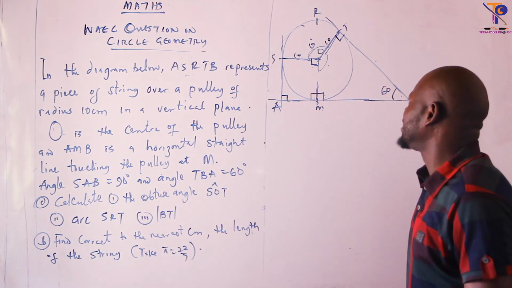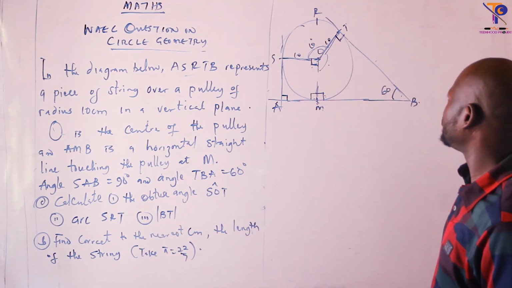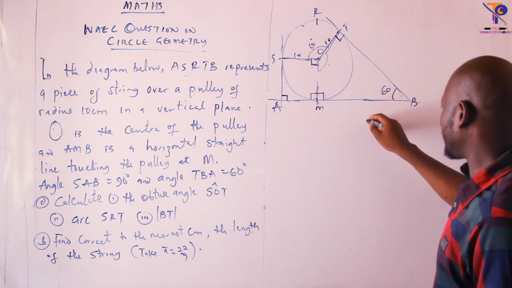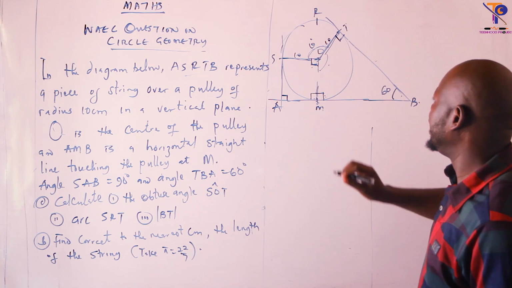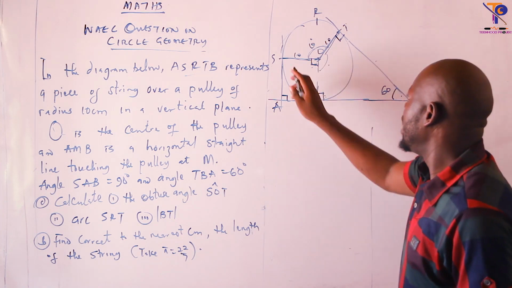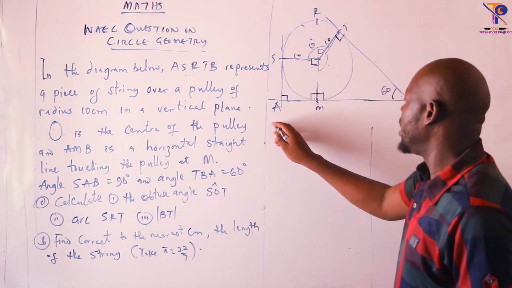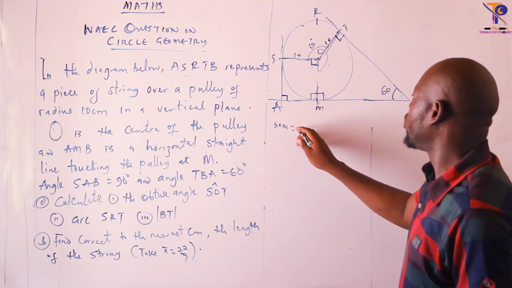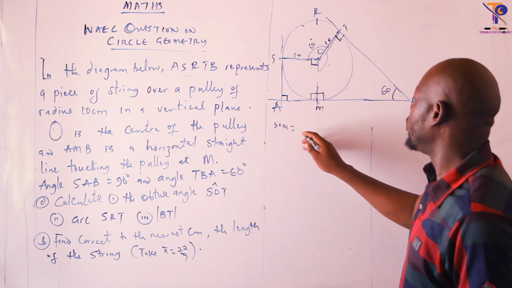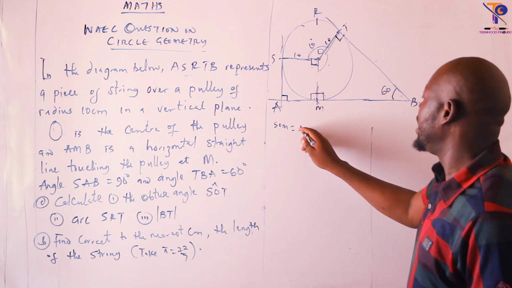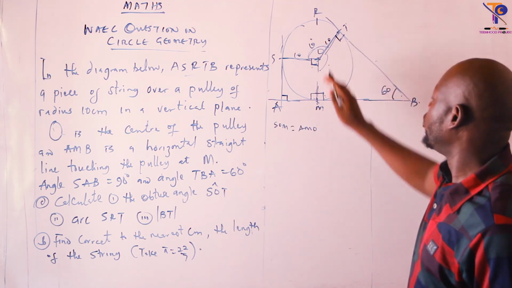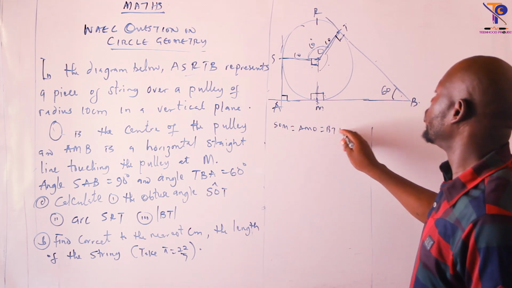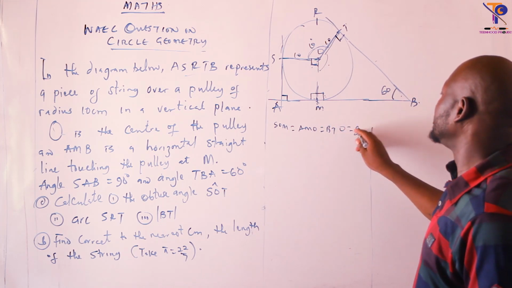So let's see now. Let me write this out because of our marks. Let me demarcate this so that we can have enough space. Angle SOM is equal to angle AMO, which is equal to angle BTO, which is equal to 90 degrees.